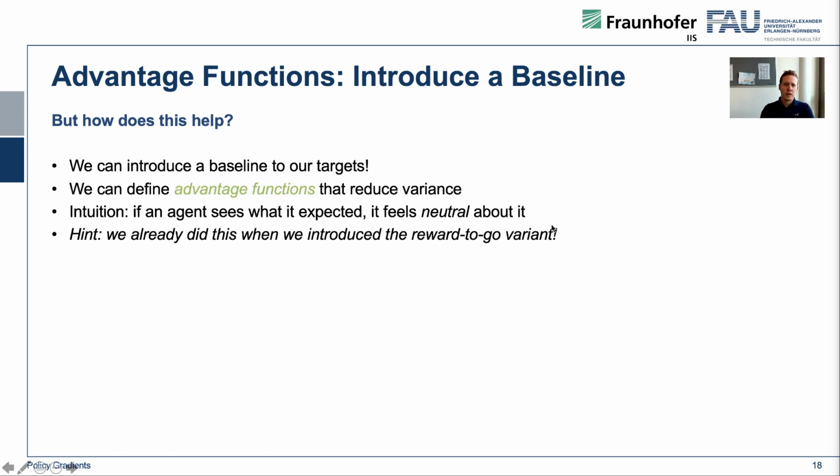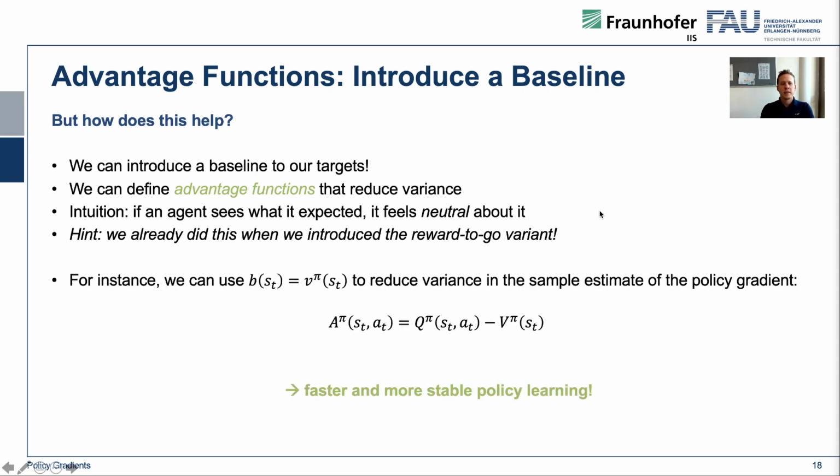We always did this in the reward to go variant, and what I also introduced with the DQN example in the previous lecture on value function approximation is the so-called advantage function. The advantage of an action A_t in a state S_t is nothing else than the Q value of the state and action minus the value of the state itself.